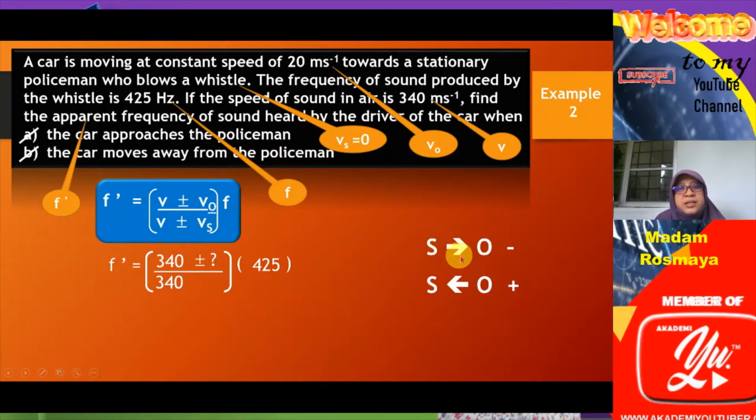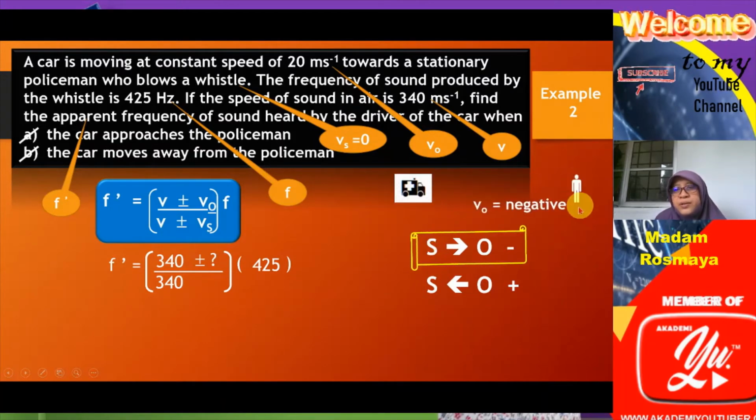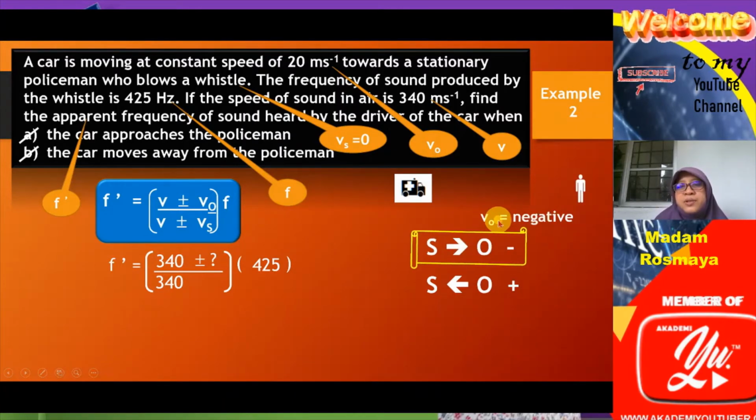The car is the observer, so O moves away from the sound source, the policeman, so it's minus VO. So we put minus 20 meters per second. We calculate and get the answer 400 Hz.